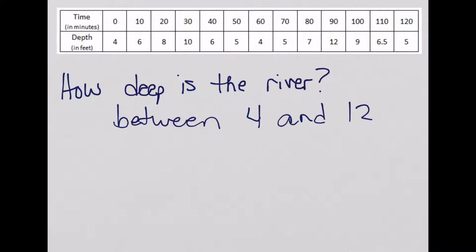And so I know a lot of people were starting to write these using compound inequalities, that the river is between 4 and 12 feet deep. I just want to change this. Instead of x, I'm going to write here a y, because we are talking about this line going back and forth between 4 and 12, and the range is the y's.